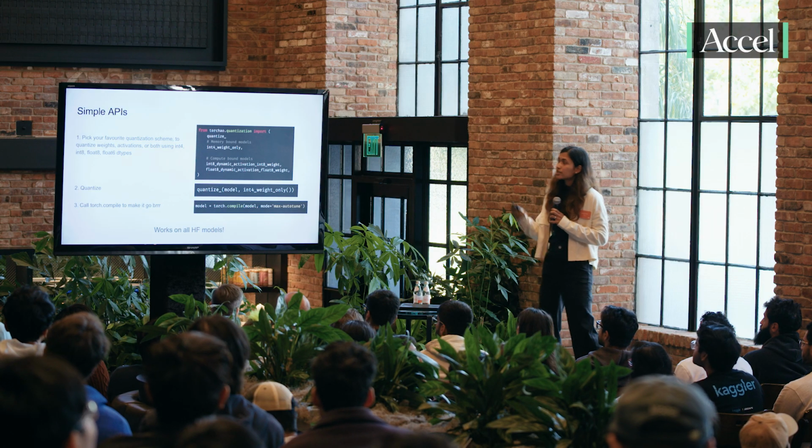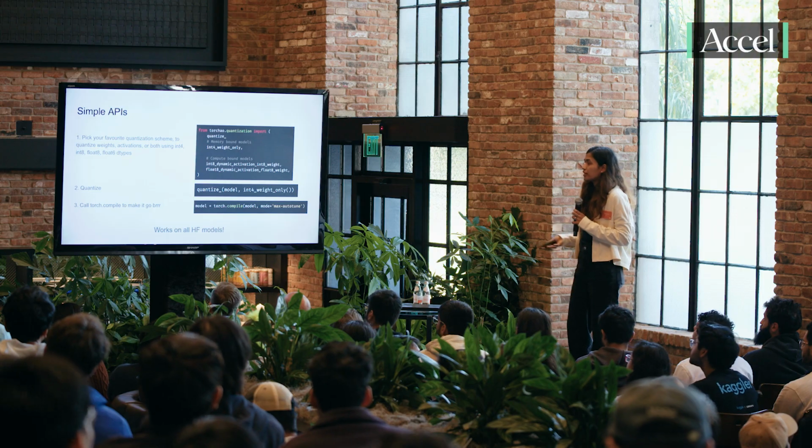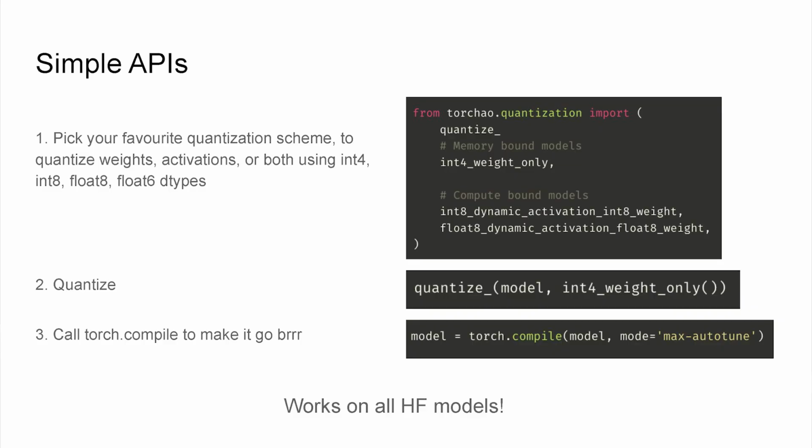All right, so this is how you would typically use quantization today in PyTorch or torchao. The first step when you want to quantize your model is to pick how you want to quantize it. And there are various parameters here that will influence your decision. First is whether your model is memory bandwidth bound or compute bound, depending on which you would choose weight-only or weight plus dynamic activation quantization.